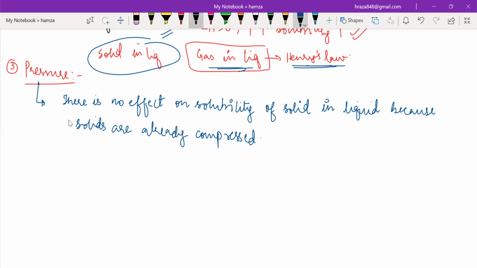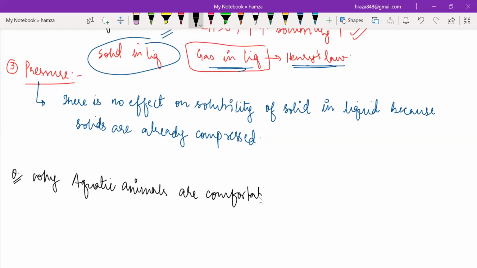But there is an important question: why are aquatic animals more comfortable in cold water than hot water? Do you know why this happens?